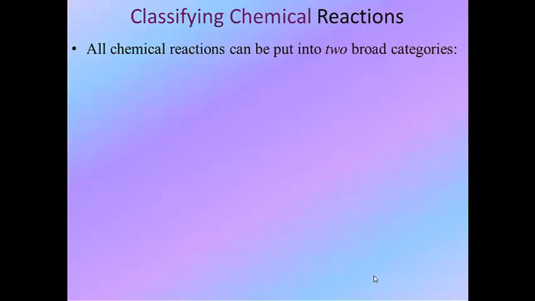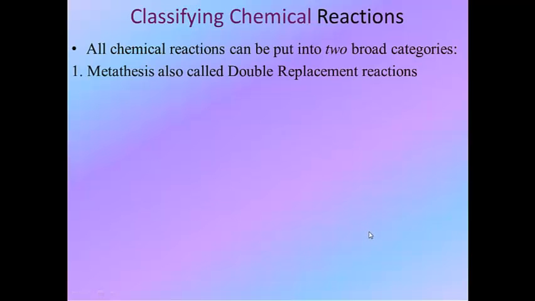So while there are four driving forces, there's actually two broad categories that every reaction can fall under. And the first one is, again, metathesis, which is also known as double replacement reactions, or DR for short, which you should be able to recognize because the reactants are two compounds and they switch.